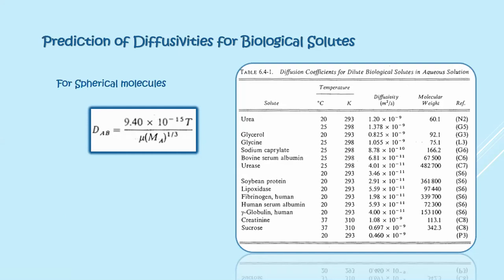And even in our own life processes, we also have diffusion of very important solutes in our blood system. So you also need to study the diffusivities of these biological solutes, some of which are already seen on the table. Sucrose is here, and we even have glycerol.